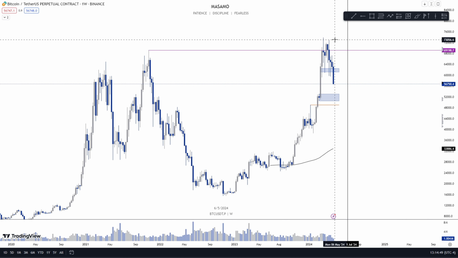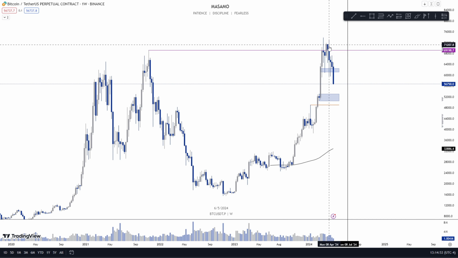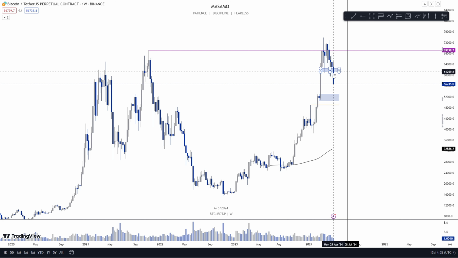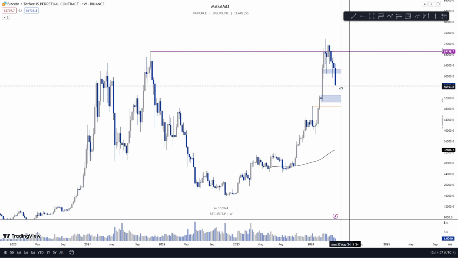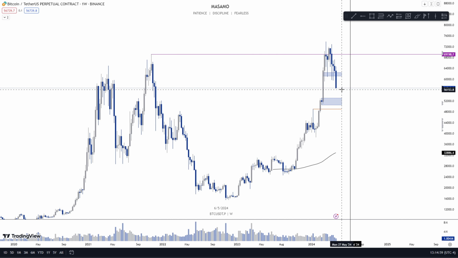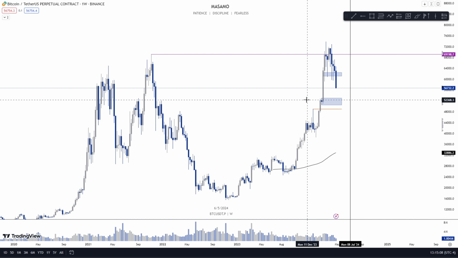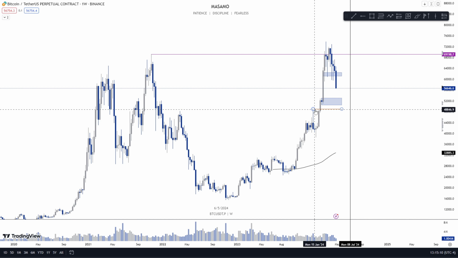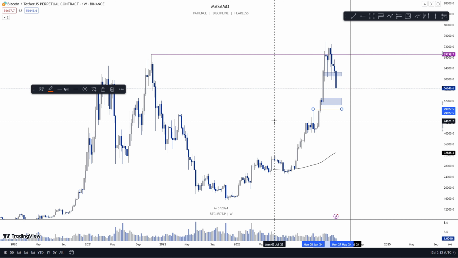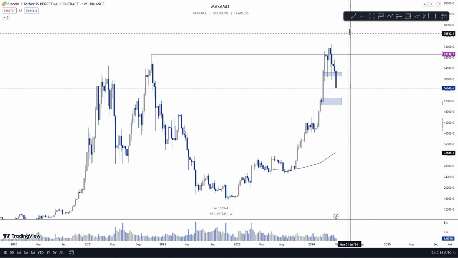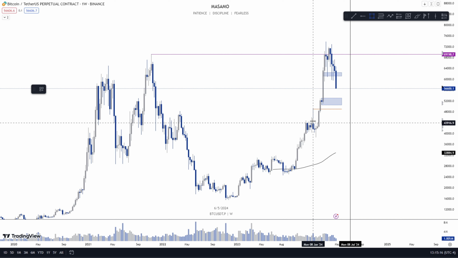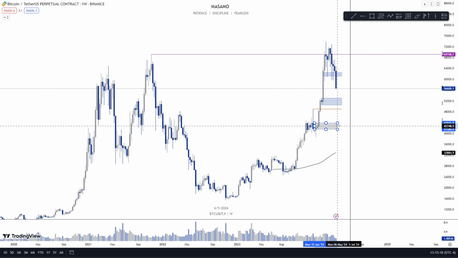So we have 1, 2, 3, 4, 5 weeks now where Bitcoin just comes down with bearish price action, and the first support area on the weekly time frame is this 53 to 50k area, this order block, and then we have this high at 49k.